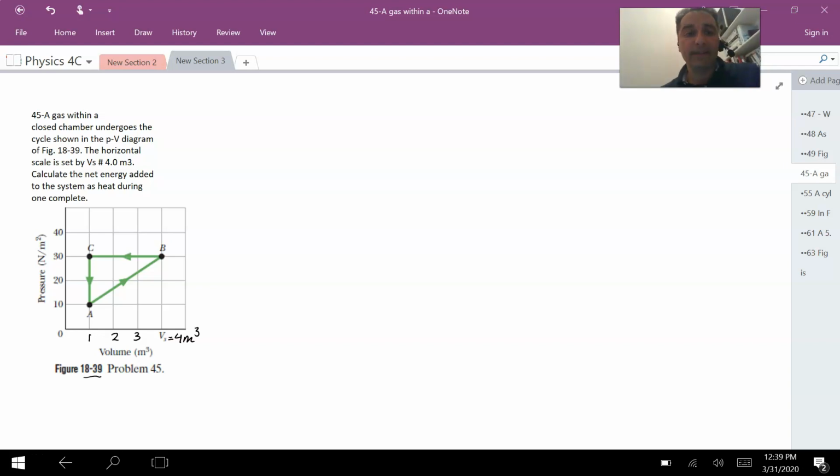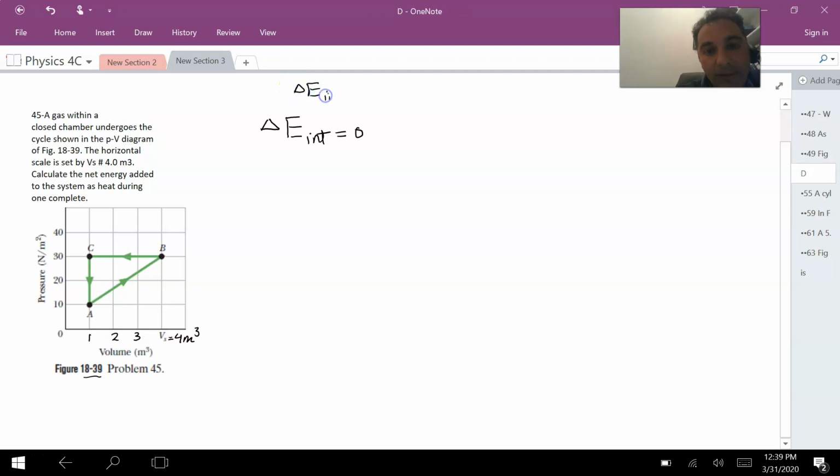Because it is a closed cycle, the change in internal energy is 0, and we know the first law of thermodynamics says delta E is Q minus W. Therefore, if delta E is 0, why is delta E 0?